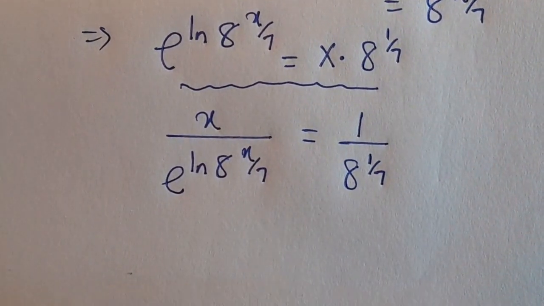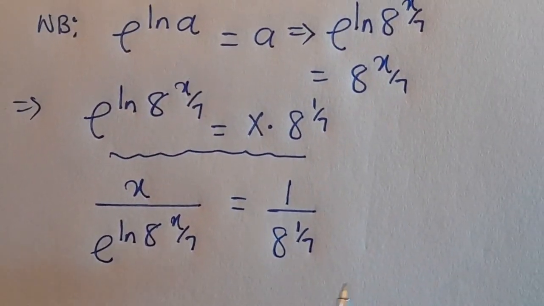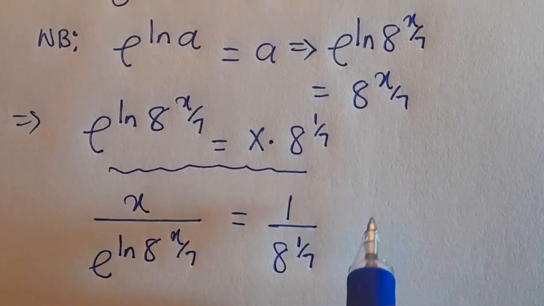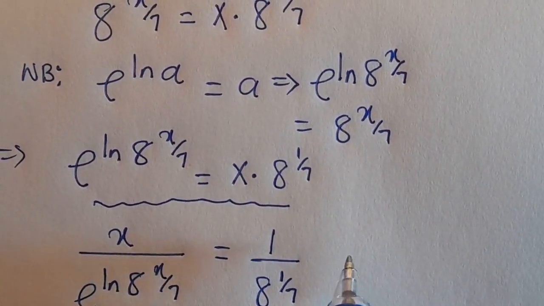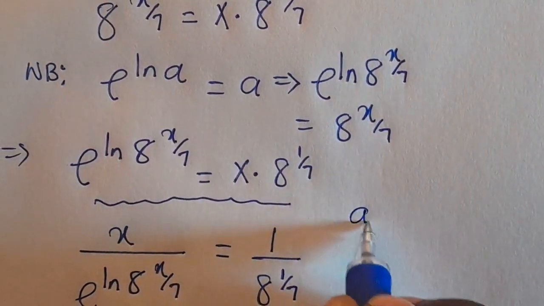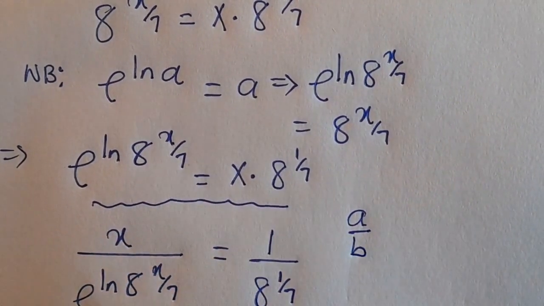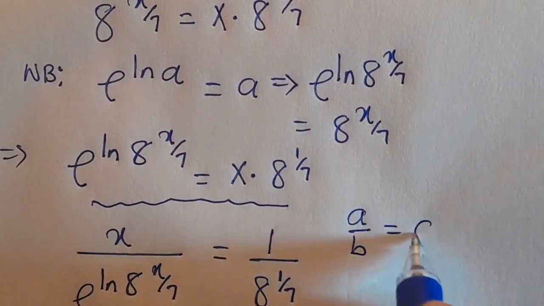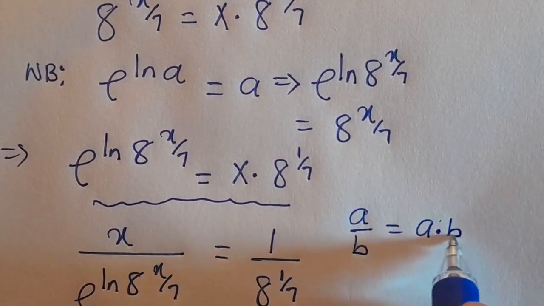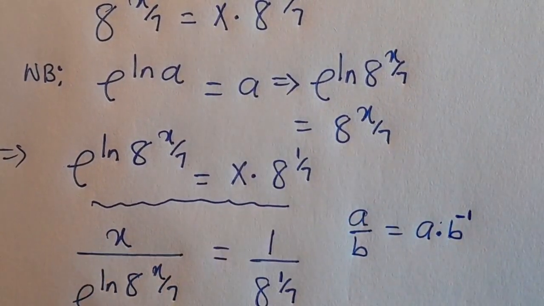So guys, from here, we have to recall that according to law of indices, when you have a divided by b, we can have this back as a multiplied by b raised to power minus 1.